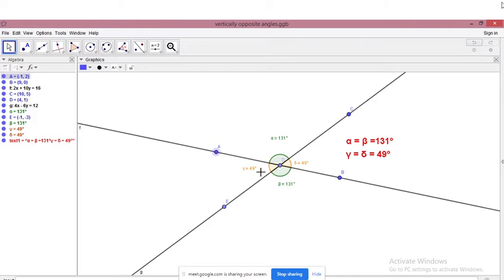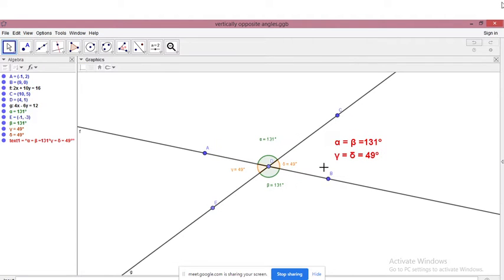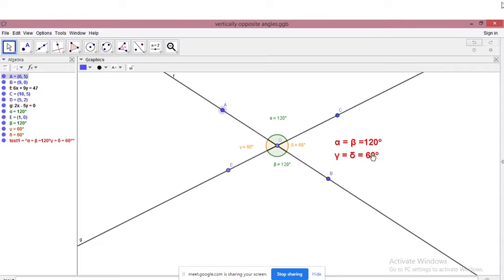If I change the angle, now angle gamma is 49 degrees. Similarly, this angle is also 49 degrees. Now I change this again, and it becomes 60 degrees. These two angles are always equal, this one and this one. Similarly, this one and this one are always equal. You can see that, right?